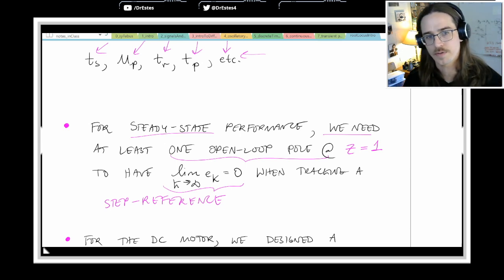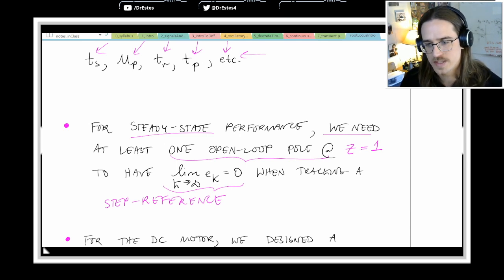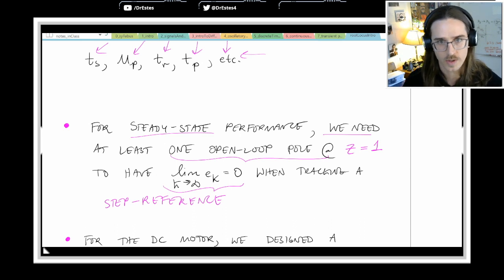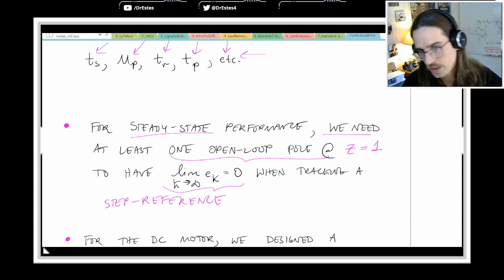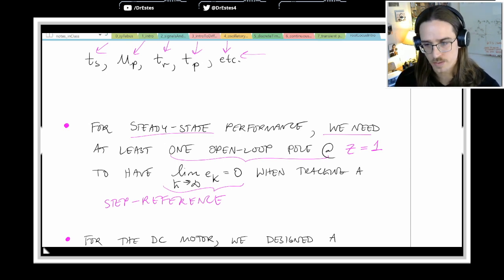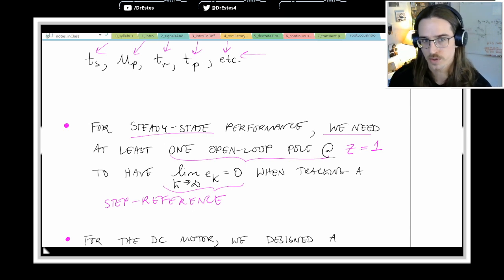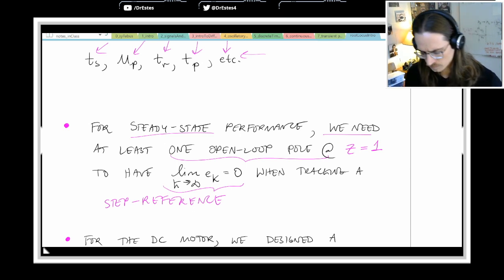If you want to perfectly track a ramp reference, you need 2 open loop poles at z equals 1. And if you want to track a quadratic reference, you would need 3 open loop poles at z equals 1. So when we're designing a control system, we're worried about steady state performance, like how does it perform in the long term, and also short term, like transient performance.